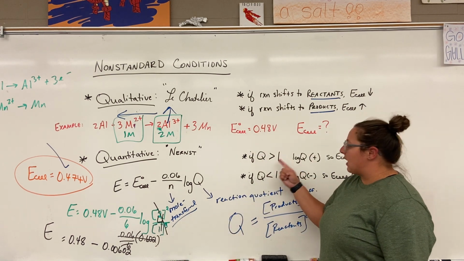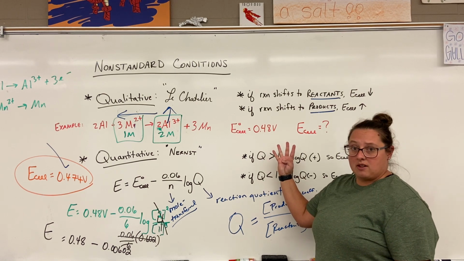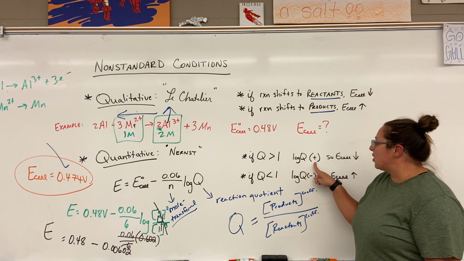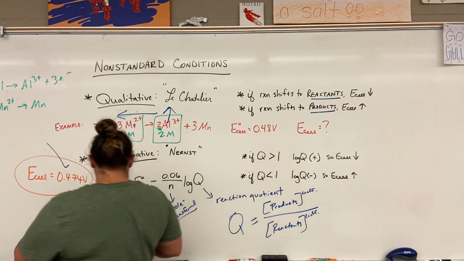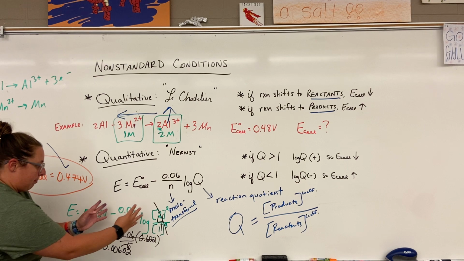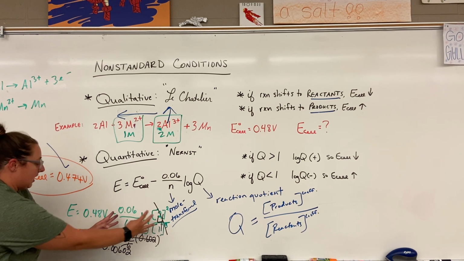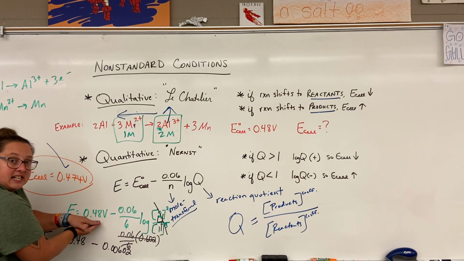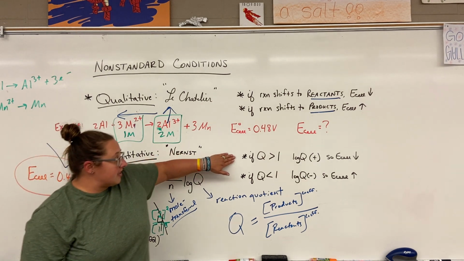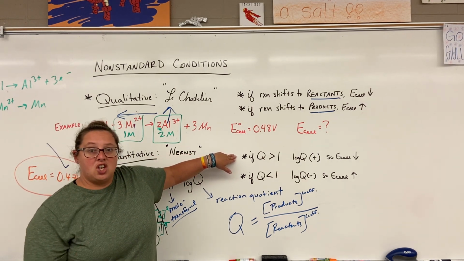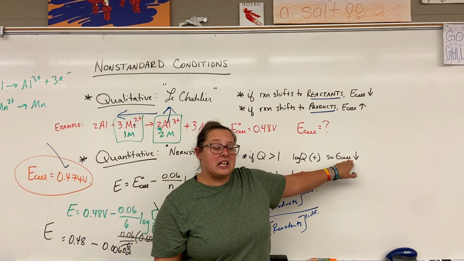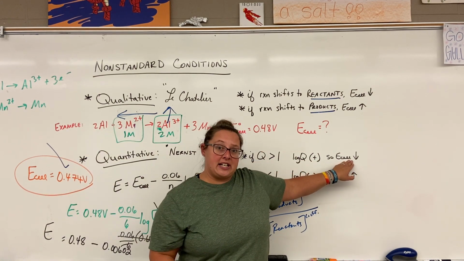So if we work the math here, if we take a positive quantity here, we're actually subtracting a number from the Ecell at standard conditions. So having an answer of Q that is greater than 1 will always cause, mathematically, my Ecell to decrease.